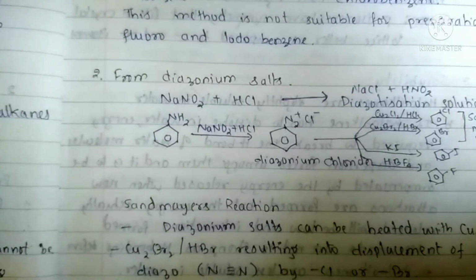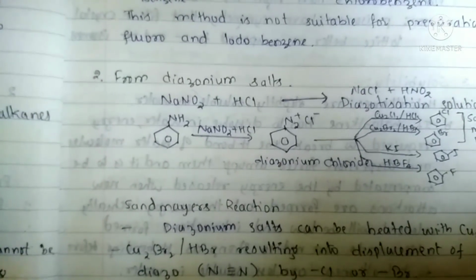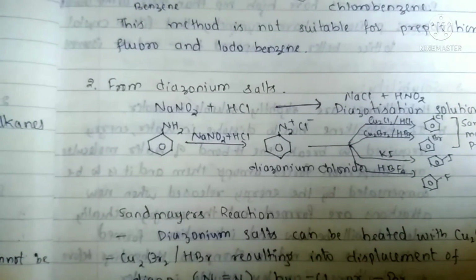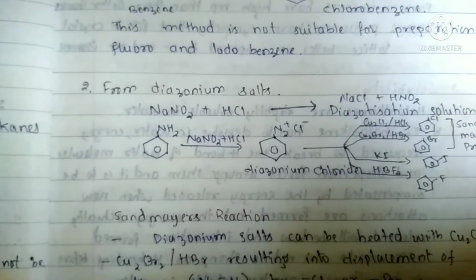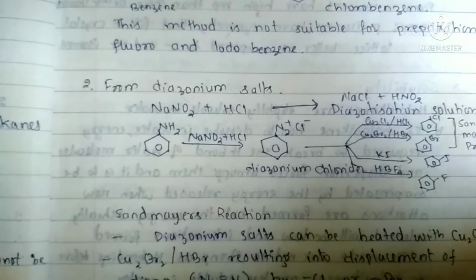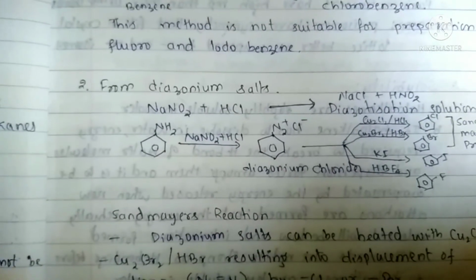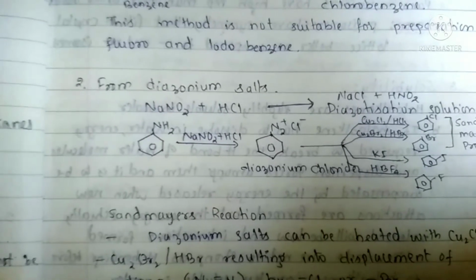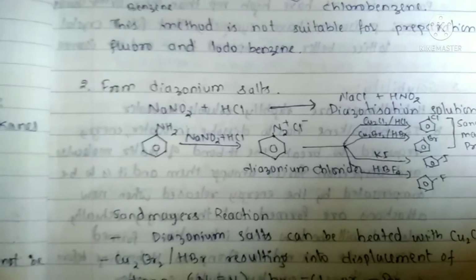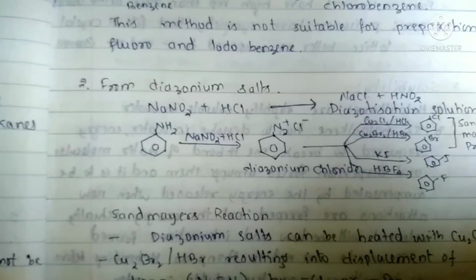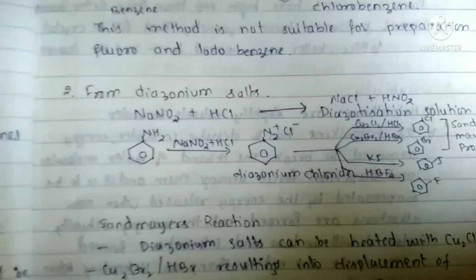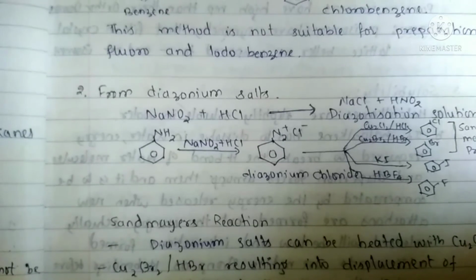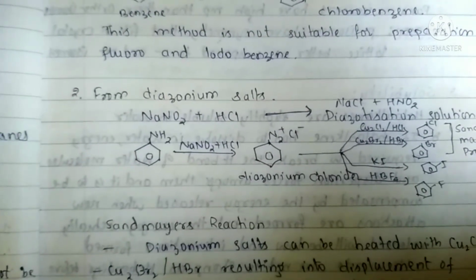This particular reagent, once used against aniline, a benzene ring connected to NH2, converts it into diazonium chloride, which on reaction with copper chloride and hydrochloric acid or copper bromide and hydrogen bromide, based on the type of halogen connected, we are going to get the halogenated benzene rings or arene rings, which are of aryl halide type.